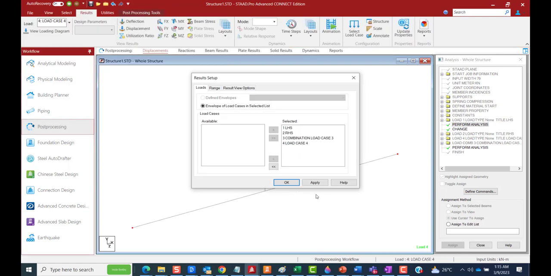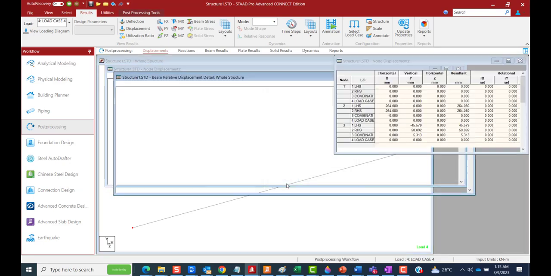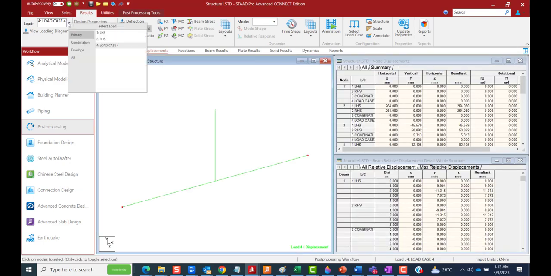If I go to the post-processing mode, and this is for load case number 4, which is the repeat load case. Now here you can see it is exactly what is expected from the structure. You can see the structure is still standing in its actual shape, actual position, because the forces are being canceled out.